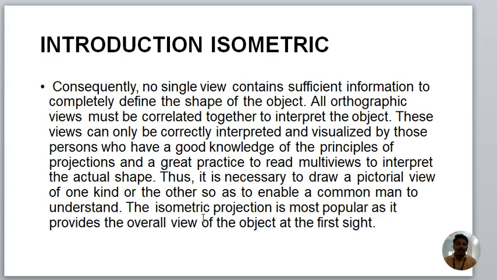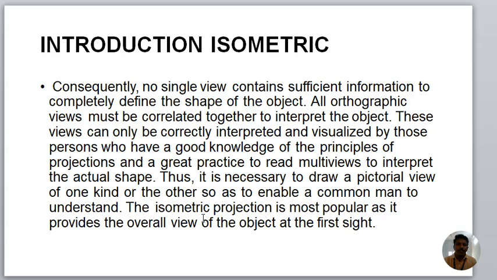Let us know more about isometric projections. Consequently, no single view contains sufficient information to completely define the shape of the object. All orthographic views must be correlated together to interpret the object.